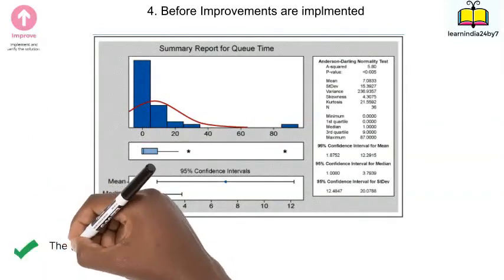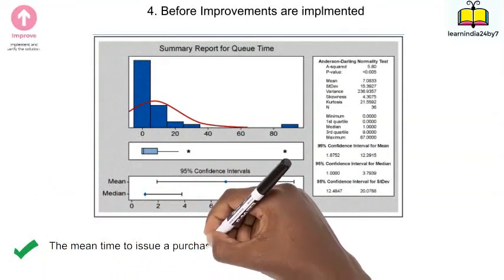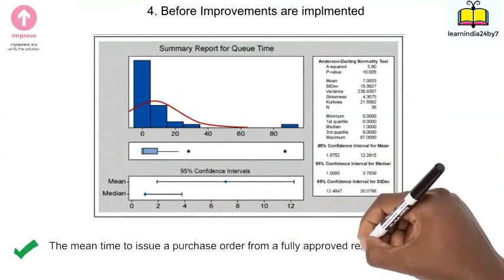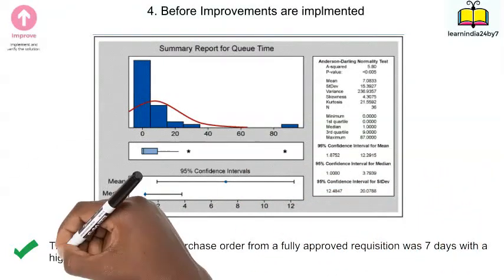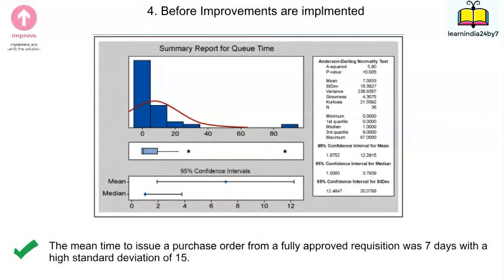So friends, before implementation of improvements, the mean time to issue a purchase order from a fully approved requisition was 7 days with a high standard deviation of 15 days.